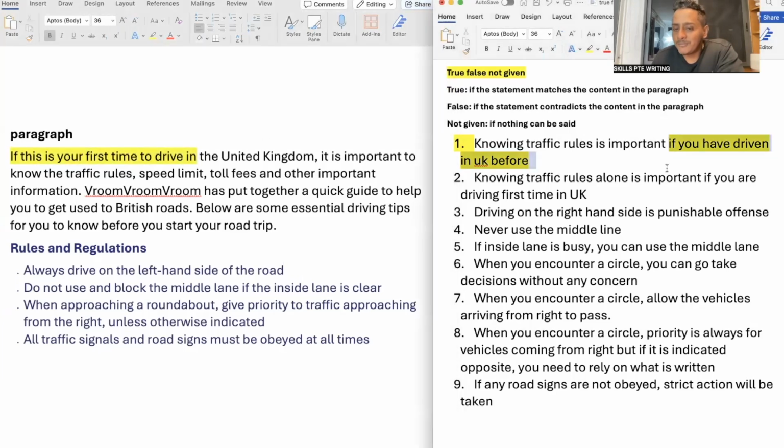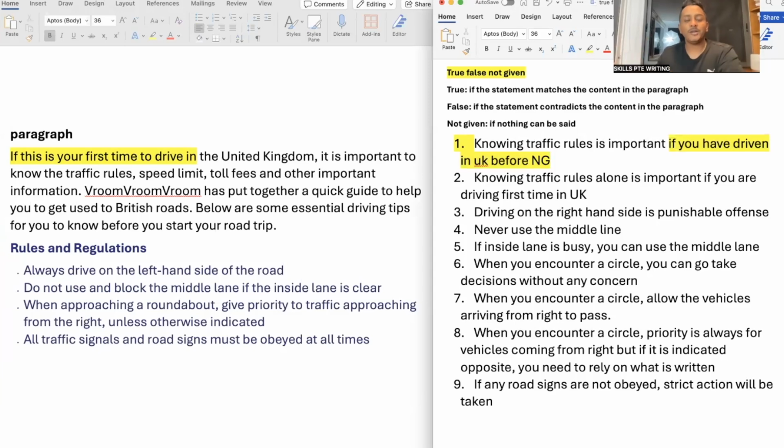If you've driven it before, is it important or not? Nothing has been mentioned about if you've driven it before. So should we say not given or should we say false? How about Diksha, Sharan? Should we say not given or should we say it's false? It's contradicting. It's not given because no mention about the information on if you've driven before. So we cannot comment anything about that because this is not given.